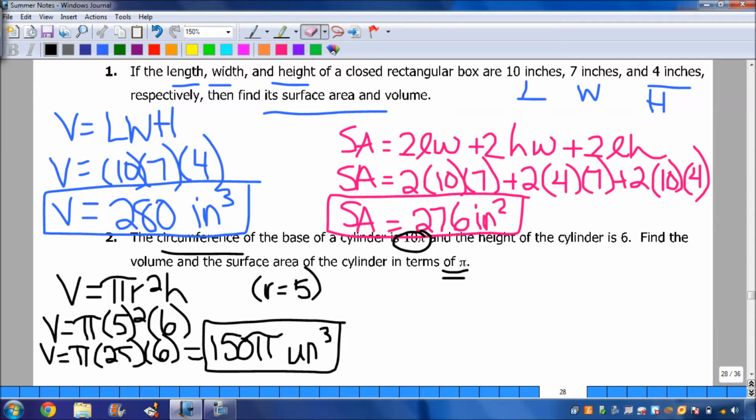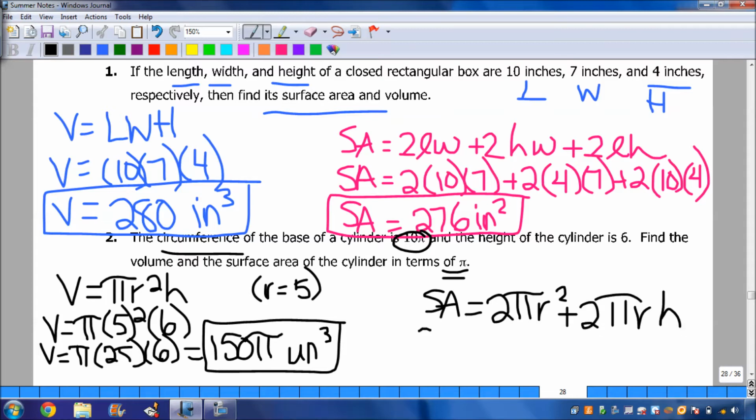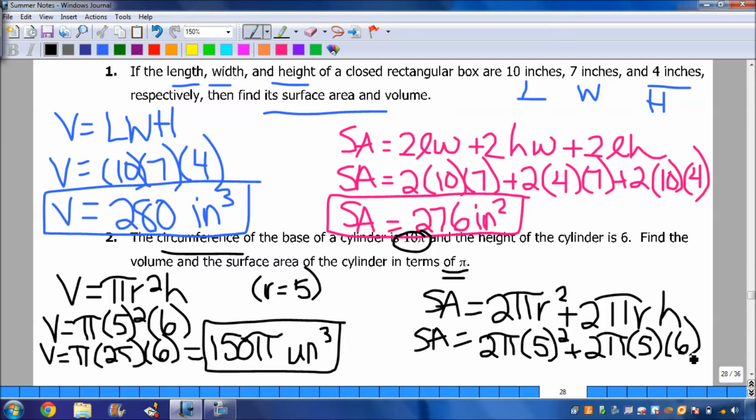surface area equals 2 pi r squared plus 2 pi r h. Okay, so the surface area is 2 pi times 5 squared plus 2 pi times 5 times 6.